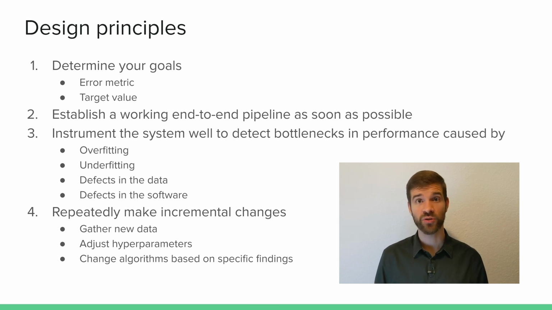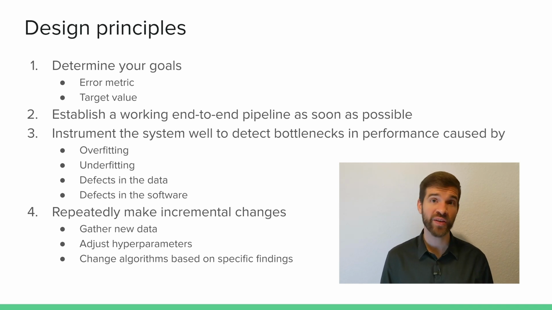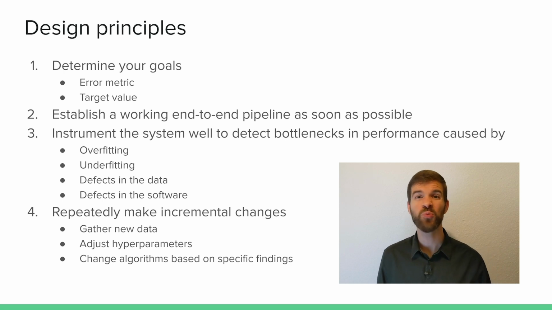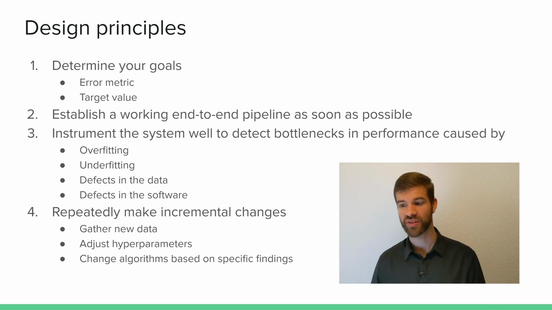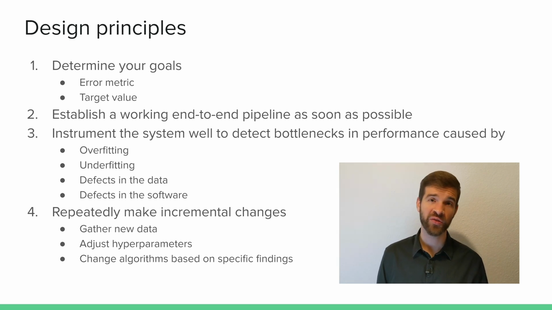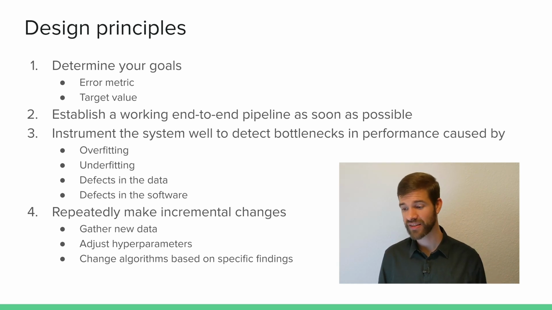Instrument the system to your needs and debug the hell out of it to detect bottlenecks in performance that could be caused by overfitting. If your model is too powerful here, then what would you do? You would add some regularization. If it's underfitting, you would try to increase the capacity.